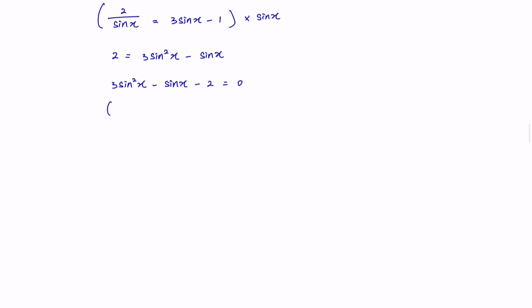To factorize it, we have 3 sine x plus 2 and sine x minus 1 equals 0. So sine x is equal to negative 2 over 3, and sine x is equal to 1.